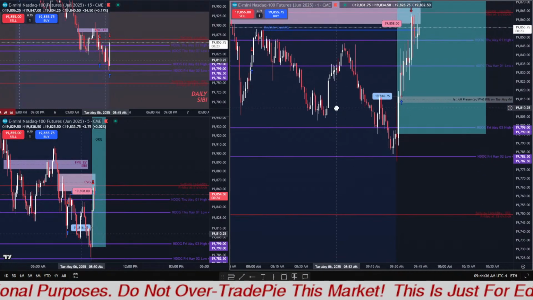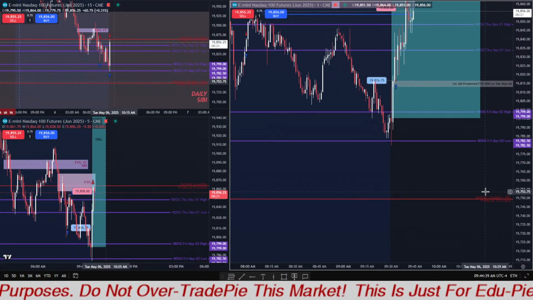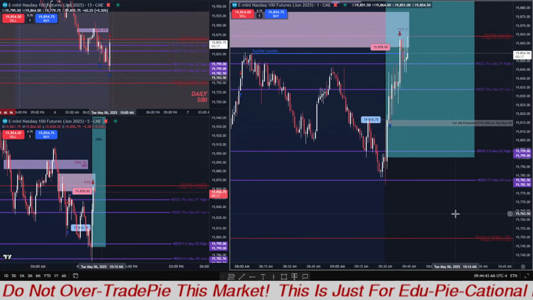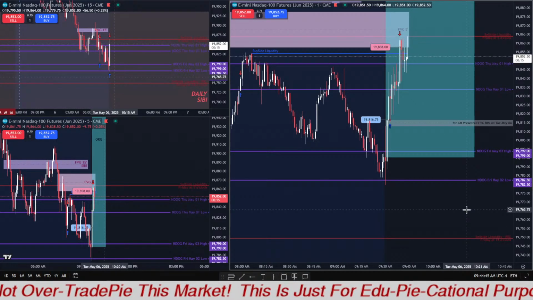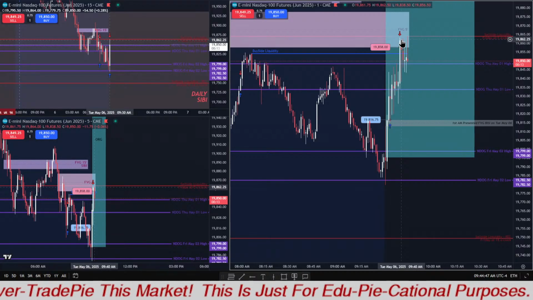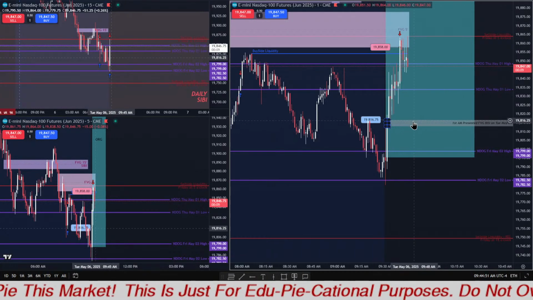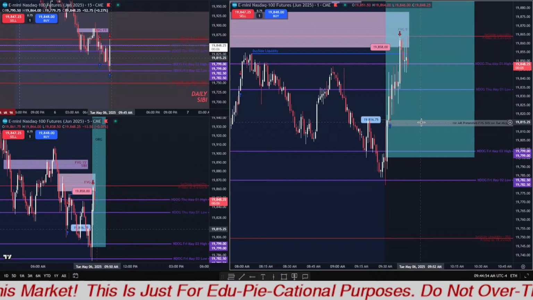The other side of the market, we do have relative equal lows of Friday. This can be a little more interesting once the price is trading lower, and I'm expecting the price goes below the first presented fair value gap of today.